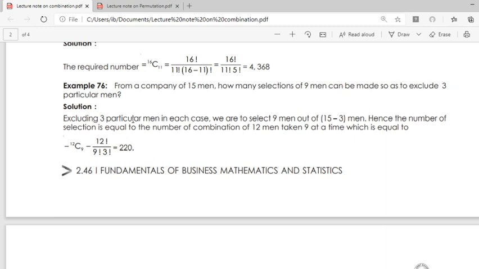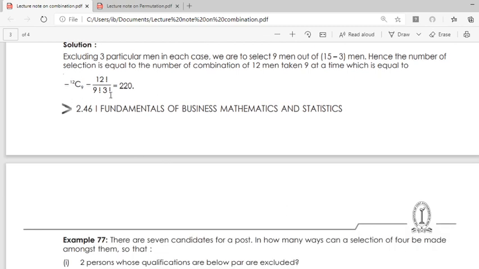So excluding 3 particular men, you are left making a selection of 9 men out of 12 men, taking 3 men from 15. So the combination will be 12 combination 9. That's how you got this.